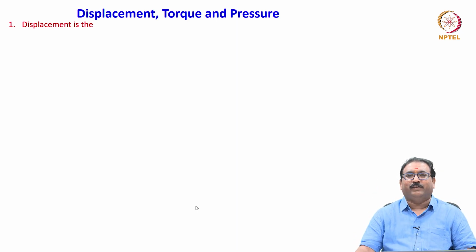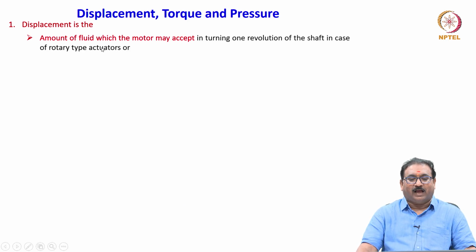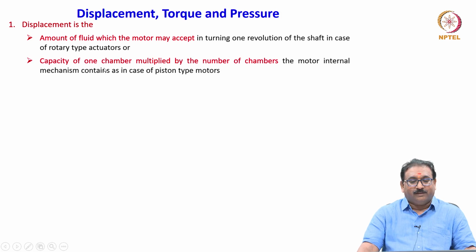But here it is slightly different, friends. What is this displacement? Displacement is the amount of fluid which a motor may accept in turning one revolution of the shaft in case of rotary type of actuators, or the capacity of one chamber multiplied by the number of chambers the motor internal mechanism contains, as in the case of piston type motors.